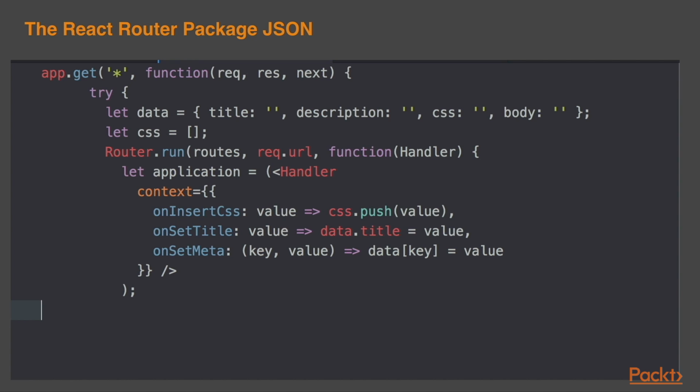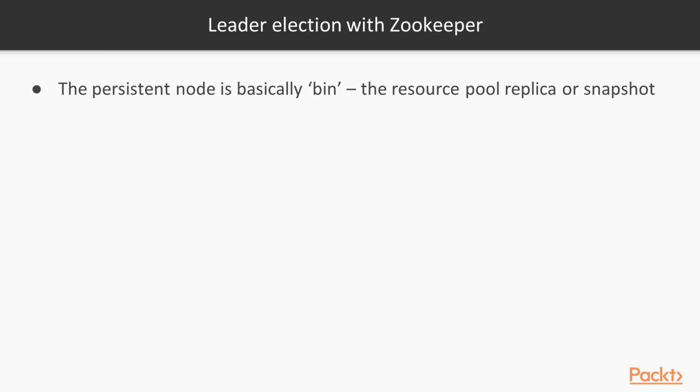In this case, we have a route instance, a default route, and a NaN or a not found route.